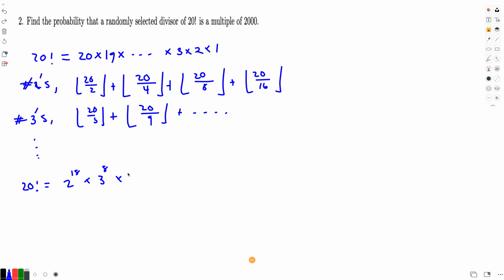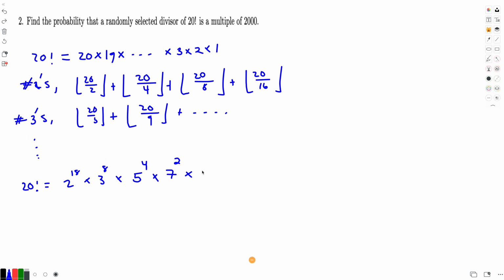And then 5 would have 20 over 5 floored plus 20 over 25 floored, so just 20 over 5, which is 4. And then for 7, we have 20 over 7 floored, which is 2.